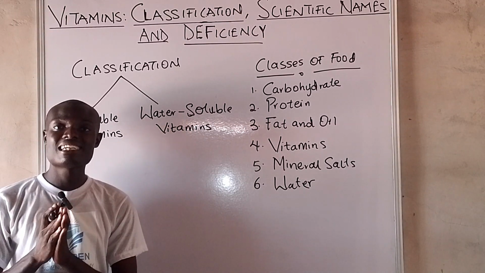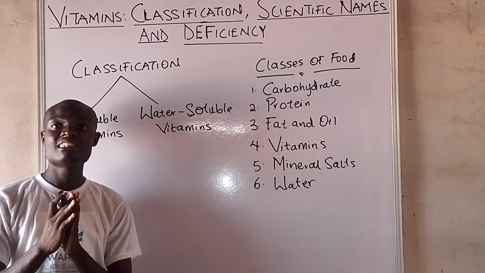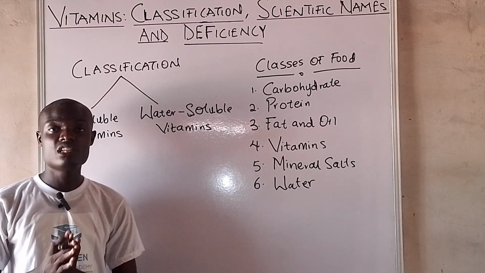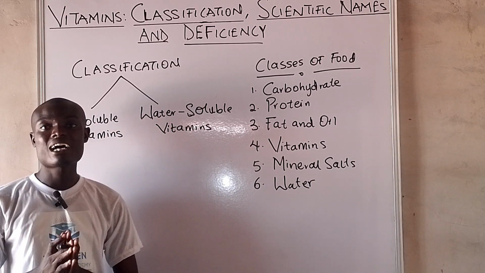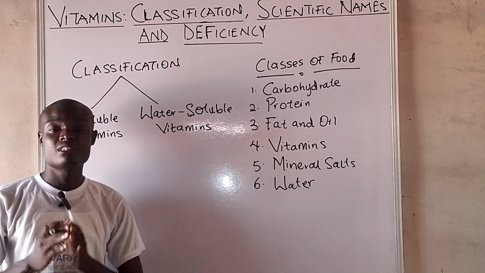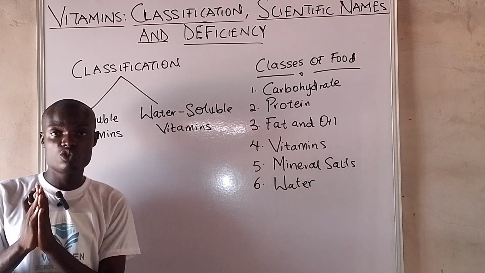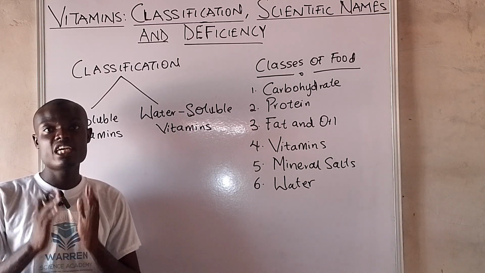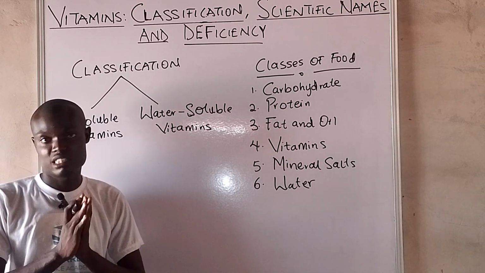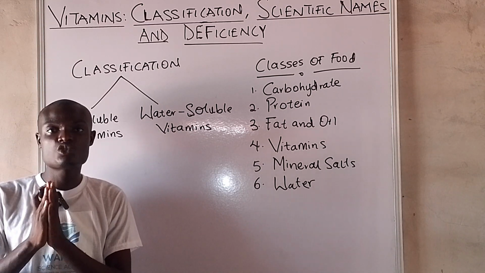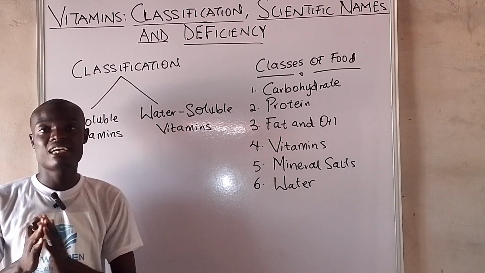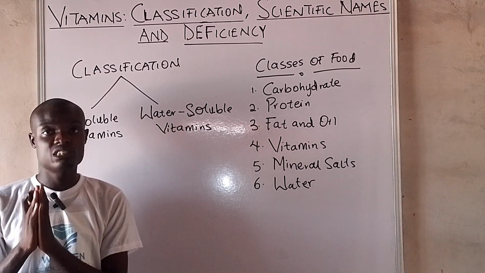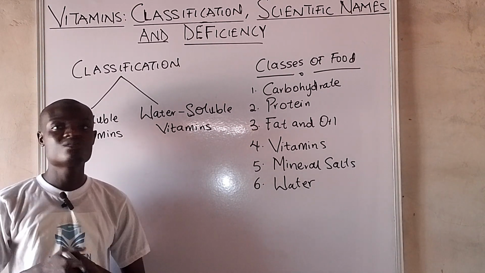Then we move on to look at their scientific name, which is the name other than their common name. And lastly, we look at the deficiency of these vitamins. That means what disease condition will result if these vitamins are not taken, or they are taken in little amount than what is required for a normal body function. So stay tuned and let's get started.